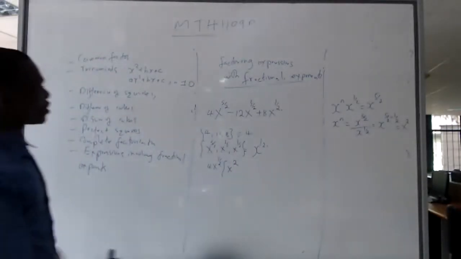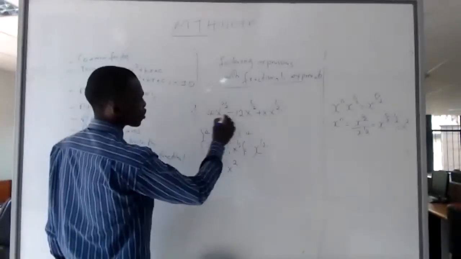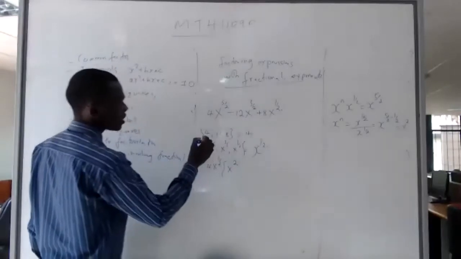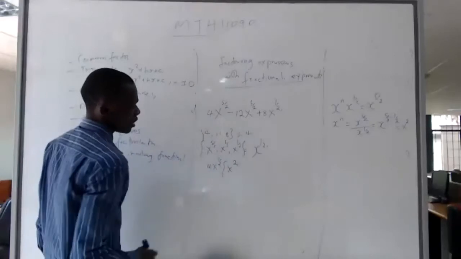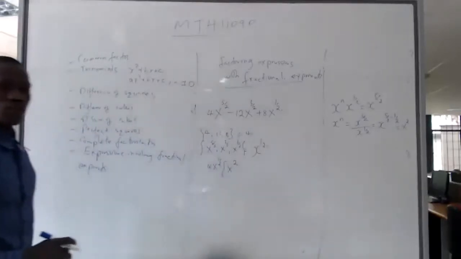The first step is to find the greatest common factor of the numbers, which are just the coefficients of these terms, 4, 12, and 8. The GCD of that is 4.